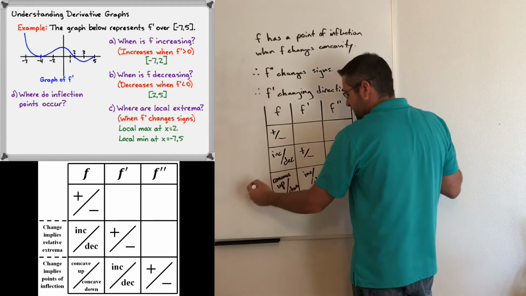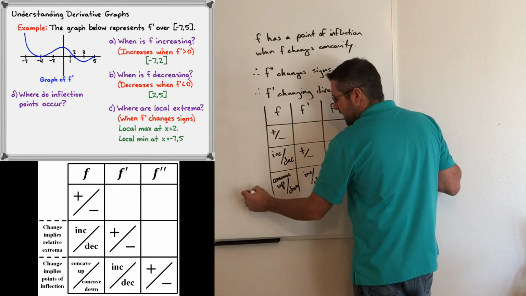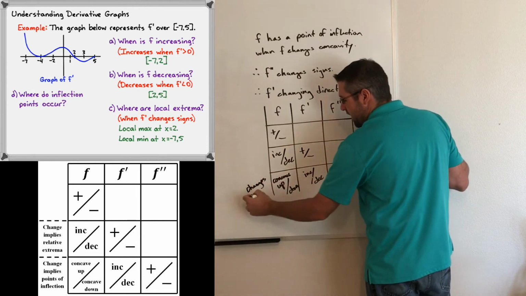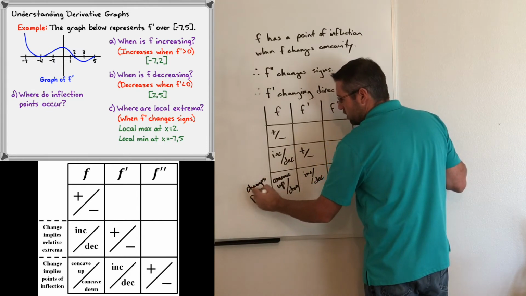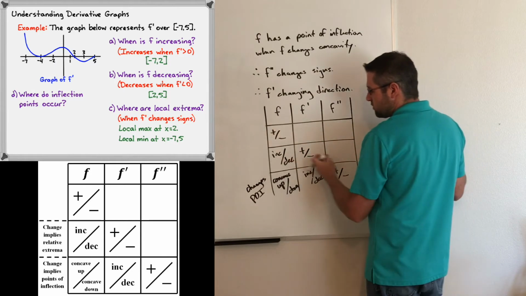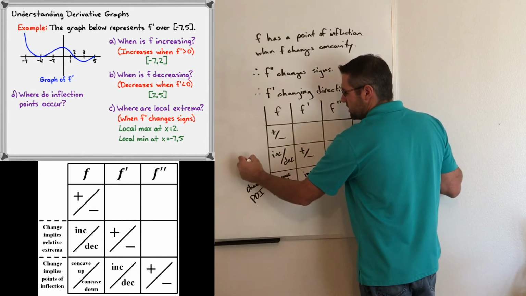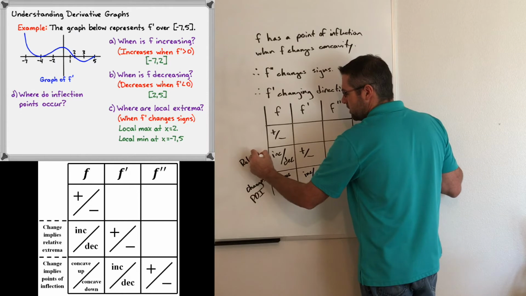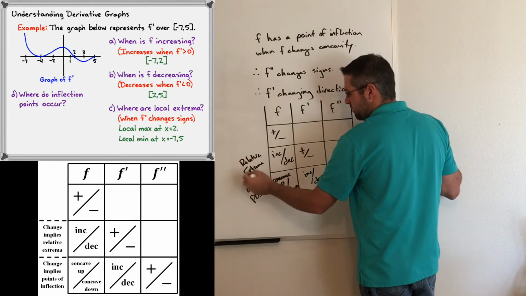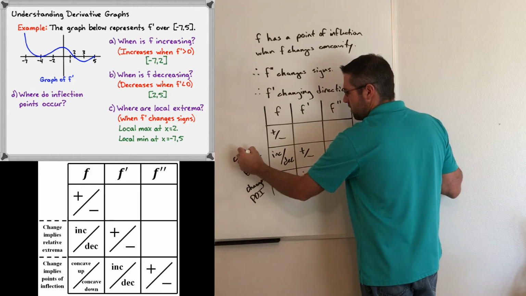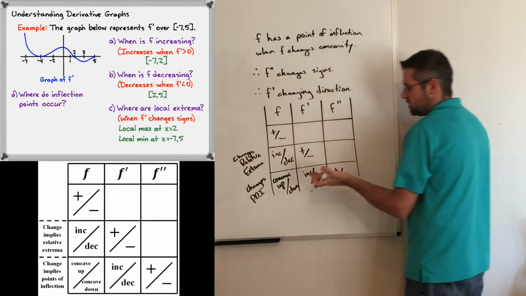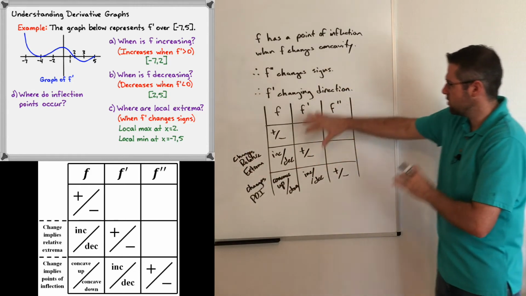So I would say that this row here is identifying when this changes, when this row changes, we have a point of inflection on F. When this row changes, we have relative extrema on F. So this helps us understand things.